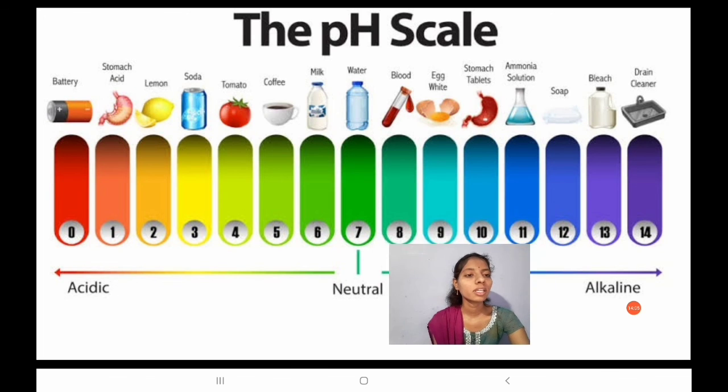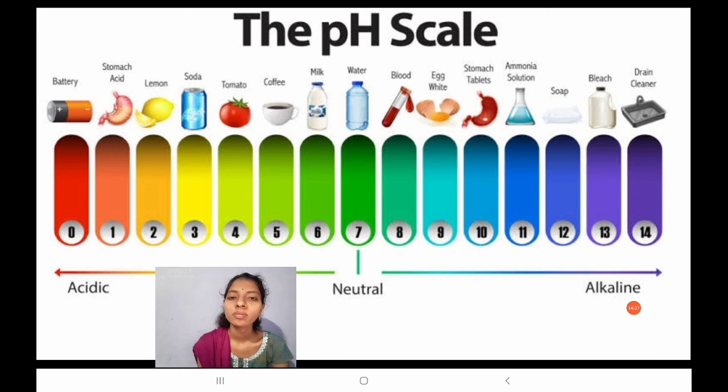So you can see here the pH scale. That means in our day-to-day life, for the food substances we take, we can tell whether they are acidic or basic, right? If the substance is a lemon, then it indicates the number 2 here.